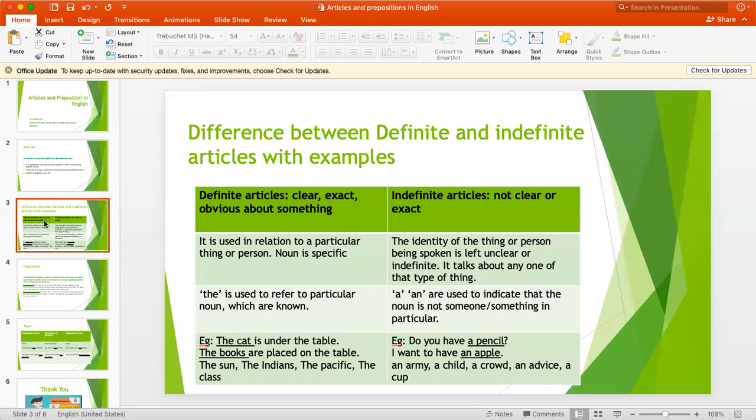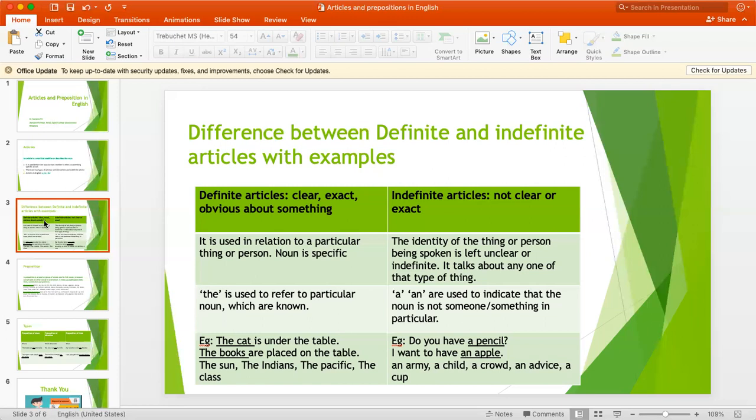It talks about any one of that type of thing. And as I mentioned earlier, a and an are used depending upon the type of noun, the articulation or utterance of the word.